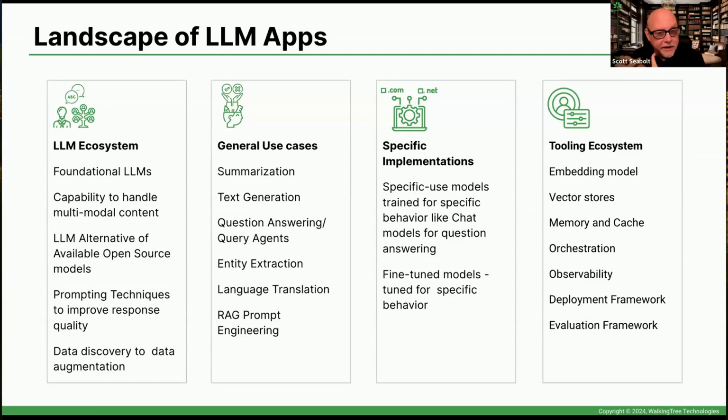And then finally, in the landscape of LLM apps, we have the tool ecosystem, which Abhilasha will talk about quite a bit later. But we have things like embedding models. Embedding models are used to convert things like text into numerical representations or vectors, and those capture the semantic meaning of words or phrases.